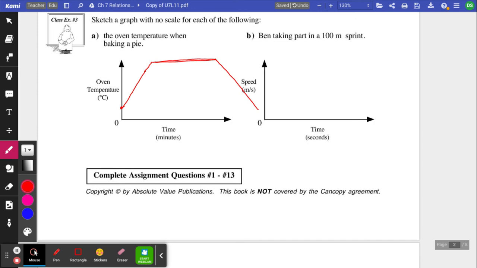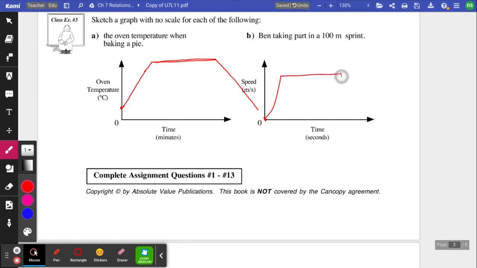Okay, Ben taking part in a 100-meter sprint. All right, Ben. So what happens? We can pretend he starts at 0 because you're waiting at the line. You would run quickly, maybe like that, hold your speed, and then slow down.